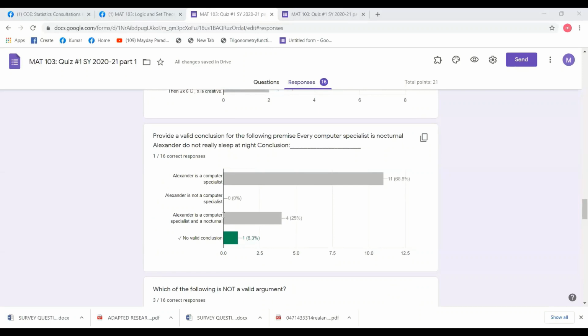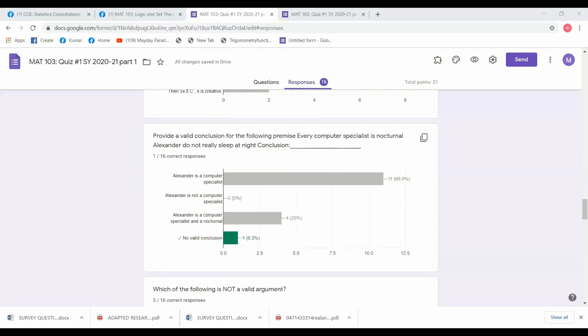It starts here with every computer specialist is nocturnal. So this is for all: if P, then Q. Then another premise is Alexander does not really sleep at night, so that means Alexander is nocturnal.